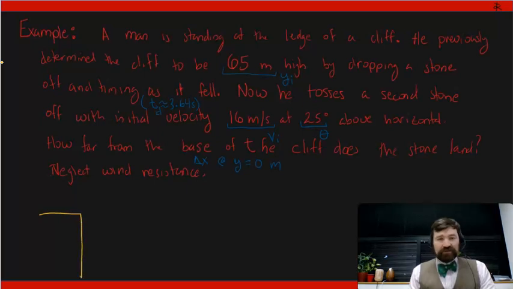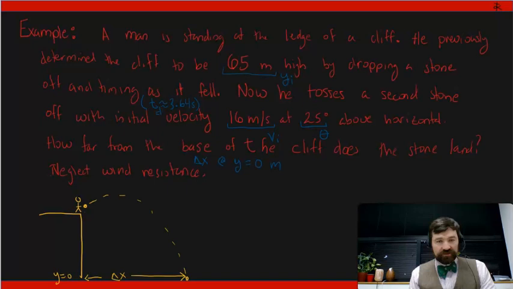It's also worth noting that before solving the problem, you should draw some sort of diagram. So I've got this man standing on top of the cliff. He has tossed a rock with some initial speed. It lands at the base of the cliff some distance delta x away. So this is the delta x you're trying to solve for. This down here is y equals 0.